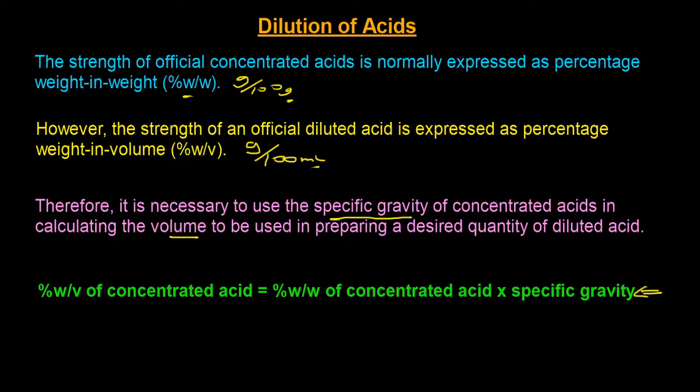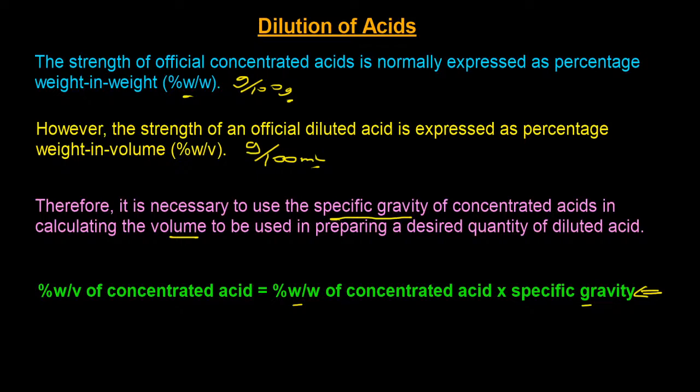Percentage weight in volume of concentrated acid is equal to the percentage weight in weight of the concentrated acid times the specific gravity. So when you do this, you are able to convert the percent weight in weight to weight in volume. We are going to make use of this important information when we talk about how you can easily solve these types of dilution of acid questions.